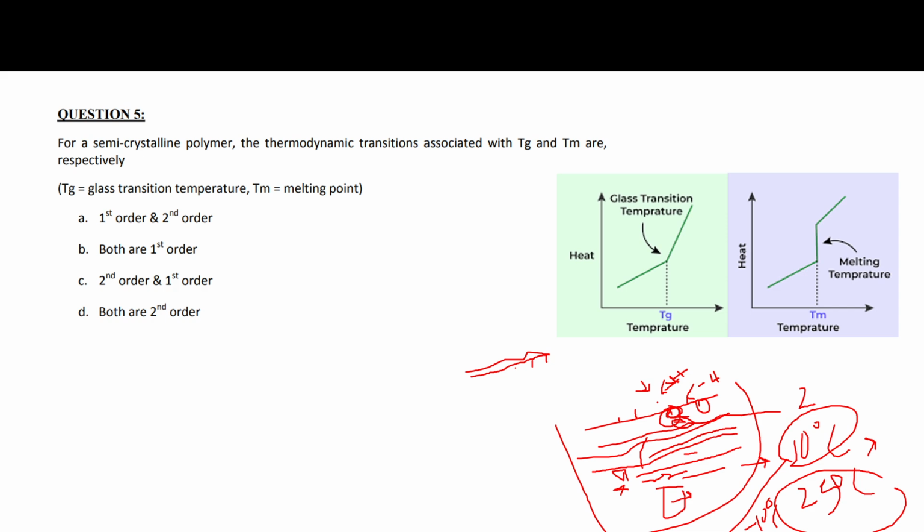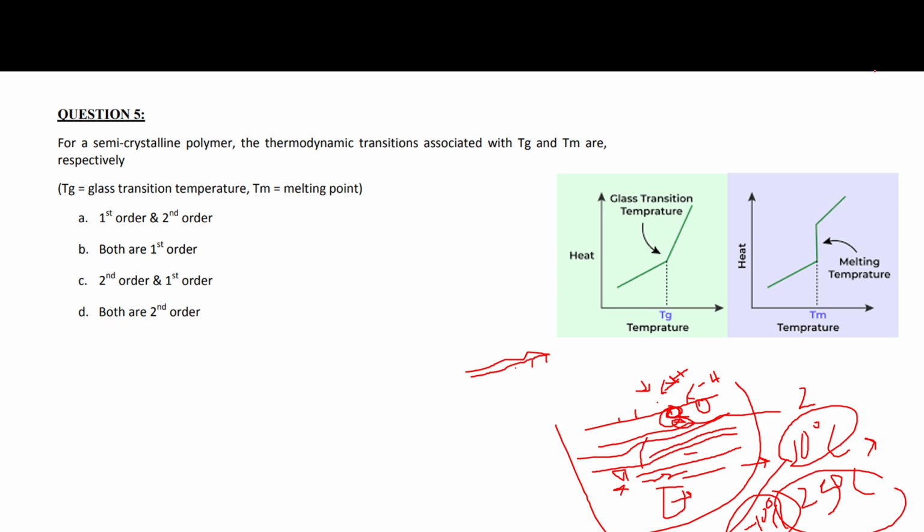Like if you want a plastic material that carries load, and you take this polymer to the Siberian region where the temperature is very low, lower than its Tg, then the polymer becomes brittle. If you push some load on it, it will break, it is brittle, so you cannot use it.